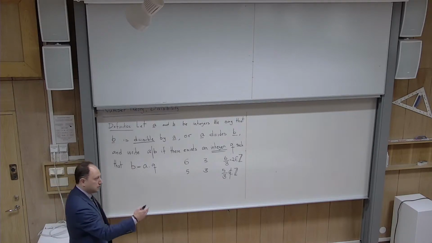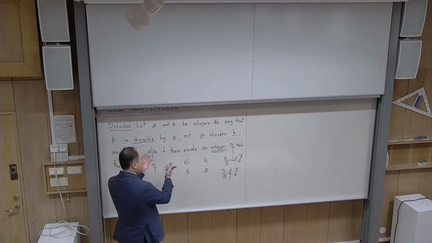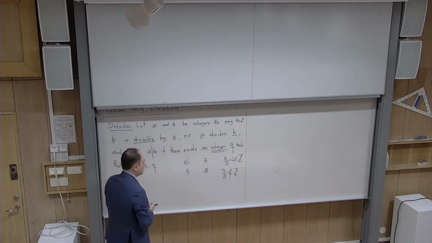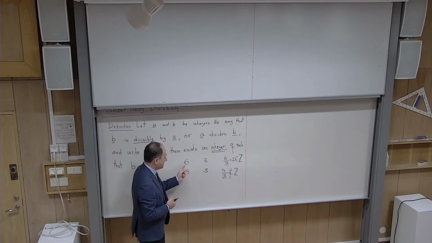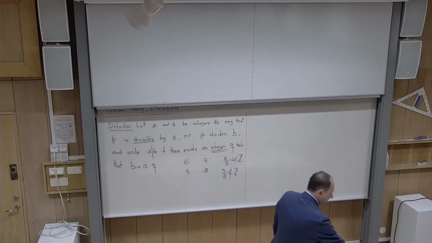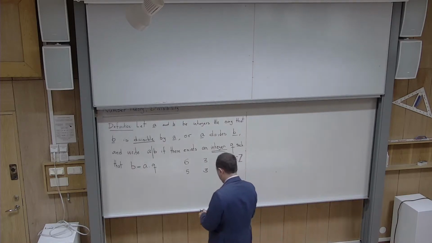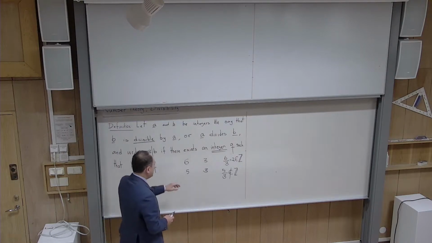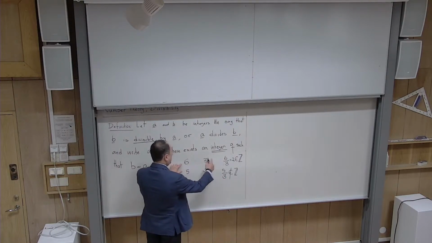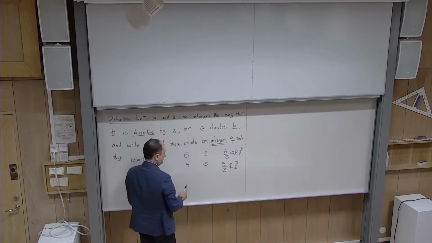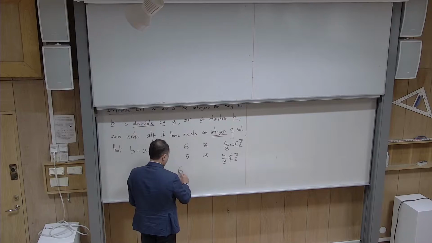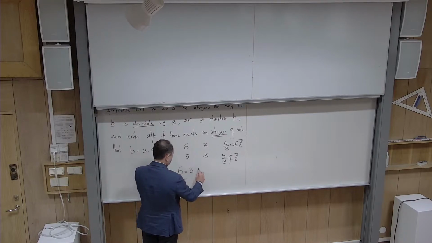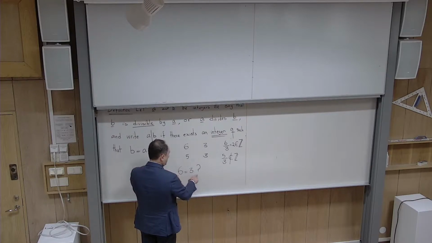Now let us go back to what you said, which is exactly according to what I'm describing here. You can say that 6 is divisible by 3 because you can find an integer which, when multiplied by 3, gives me 6. What is that integer? 2.